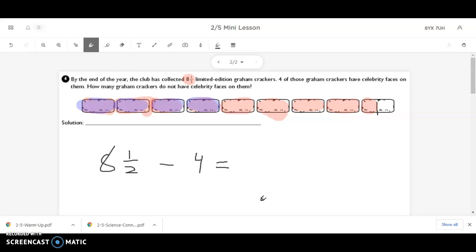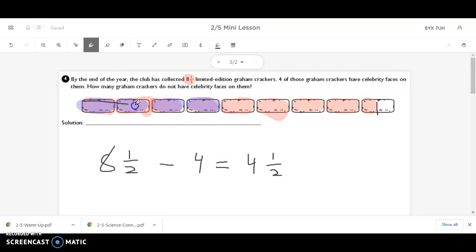Do we have any fractions to subtract? No. I don't have a mixed number here, I only have a whole number. Then, with my whole number, what will I have remaining? I'll have 4 1/2.